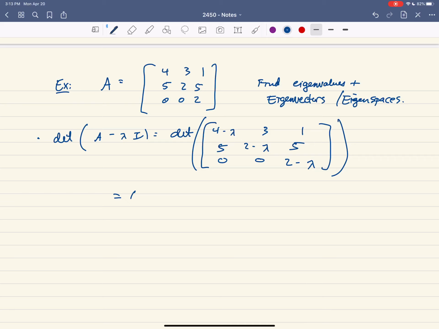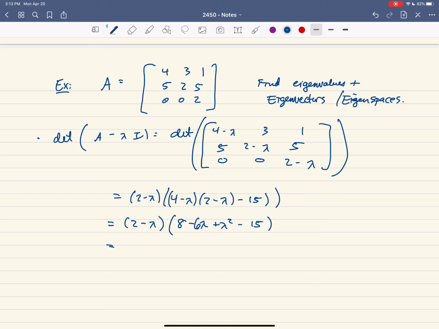So this is going to be 2 minus lambda times the determinant of the corresponding submatrix. So it's going to be 4 minus lambda times 2 minus lambda minus 15. And so that's 2 minus lambda times 8 minus 6 lambda plus lambda squared minus 15.